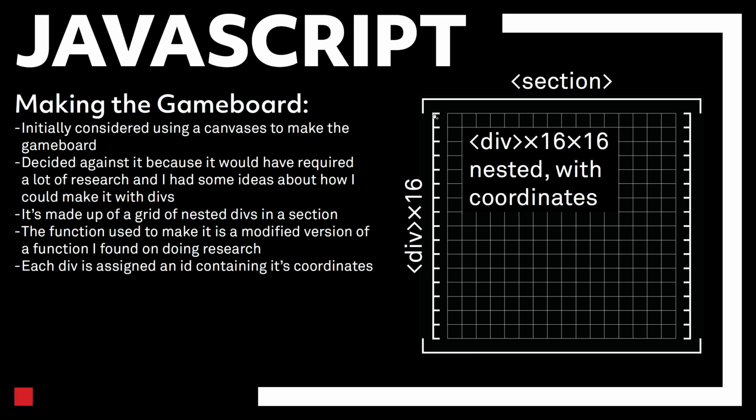So essentially it's a grid of nested divs, and I create this grid using a modified version of a function I found while doing research, and essentially the function creates 16 rows, and each of those rows is given 16 flexbox divs inside of it, and each of these divs is assigned an ID with its coordinates so that I can reference these divs later on in the code. So this is 0, 0, and this is 15, 15.